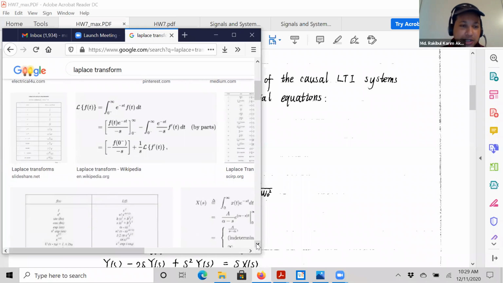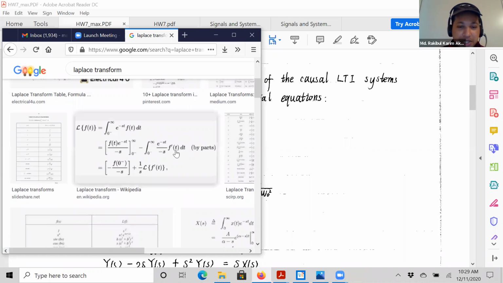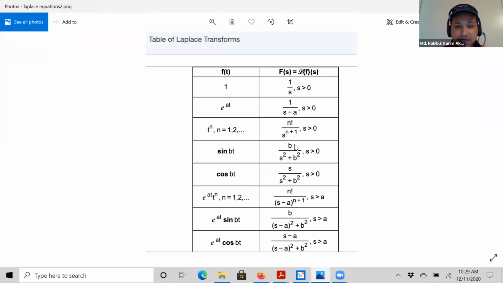I have downloaded the first two or three equations, this kind of picture. One of the pictures looks like this. If it is a sine function, sine bt, if you take the Laplace transform, it becomes this way. This b is at the top, and it is also in the denominator as b squared.